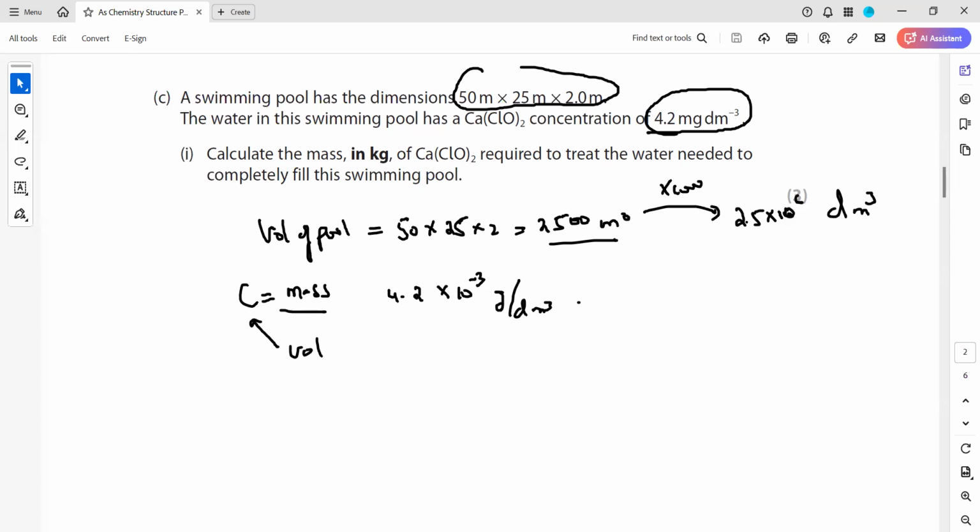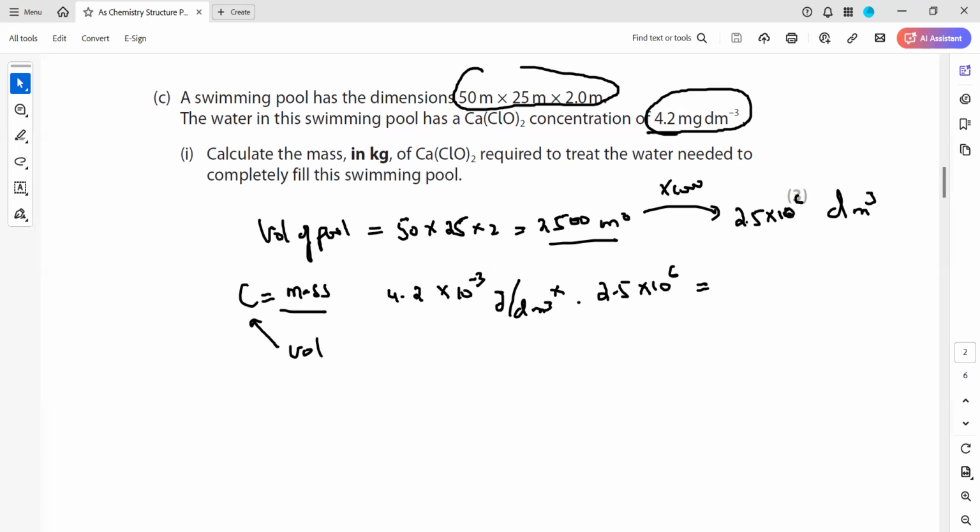Now we have the concentration and we are multiplying with the volume, which is 2.5 times 10 to the power 6. What's the answer for this? How many grams do we need?